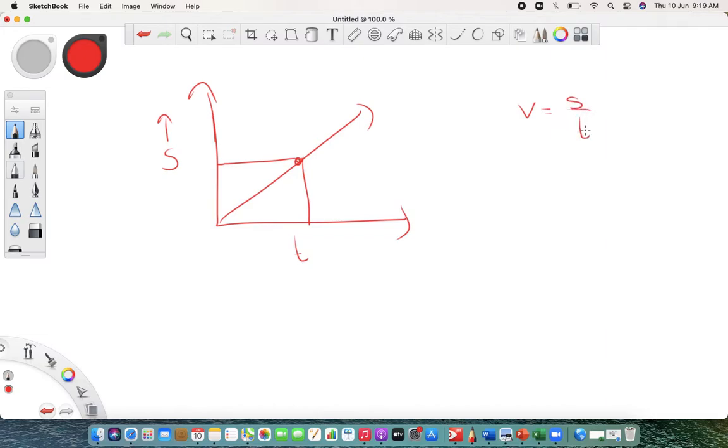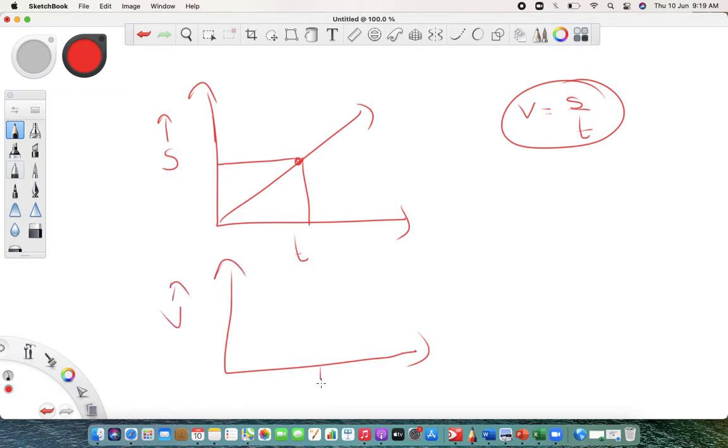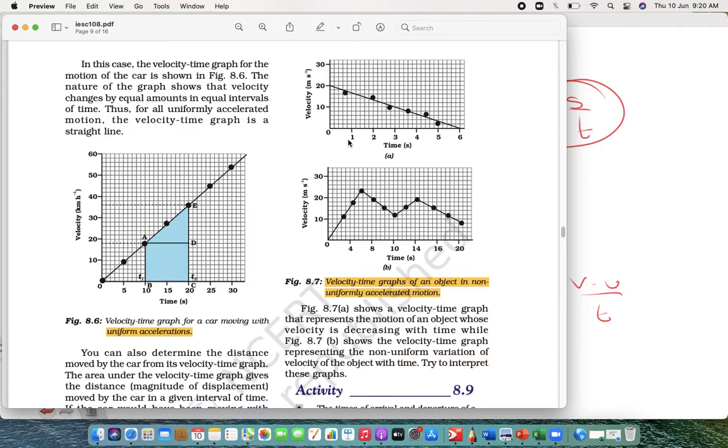Velocity. Okay, and if we talk about the velocity versus time graph, what we get is acceleration. So from the distance versus time graph, we can easily get velocity, and from the velocity versus time graph, we can easily get acceleration. Now let me show you what your textbook tells you.